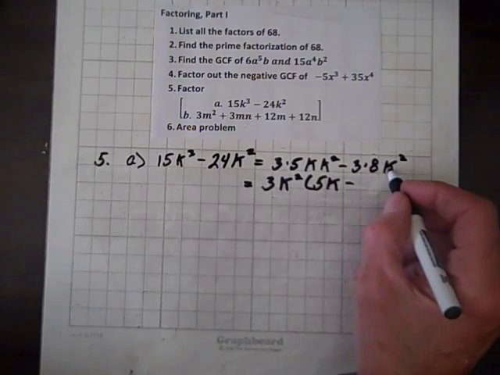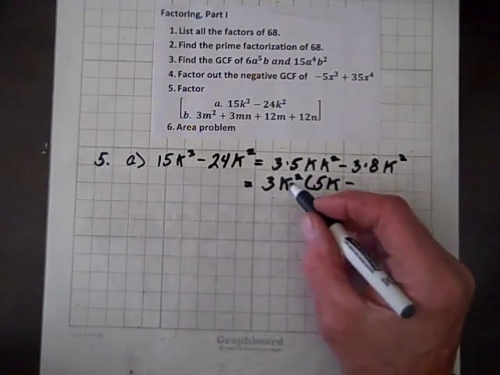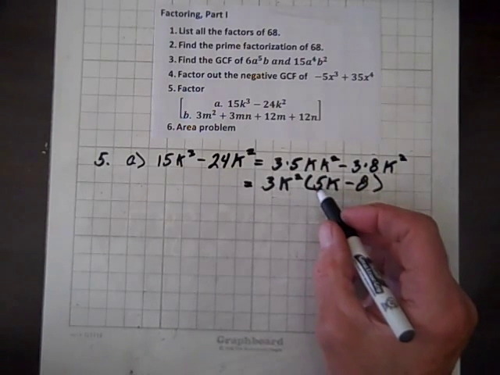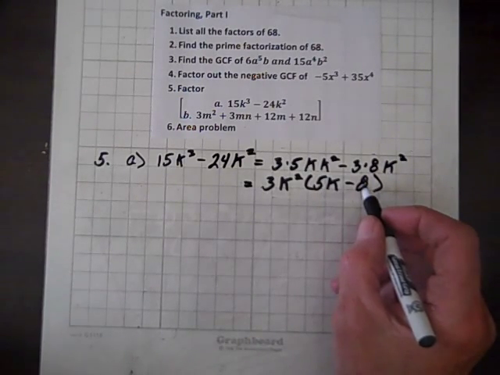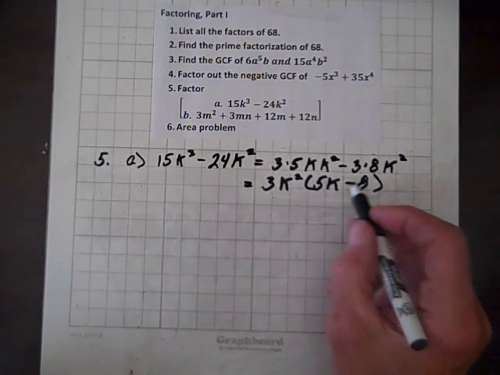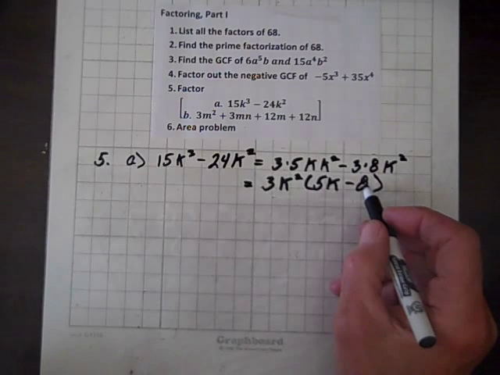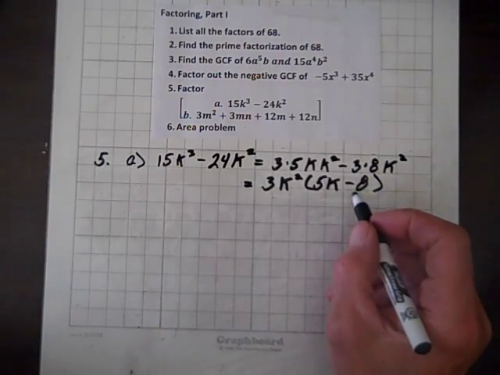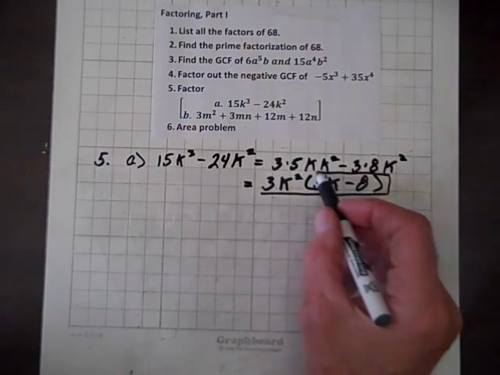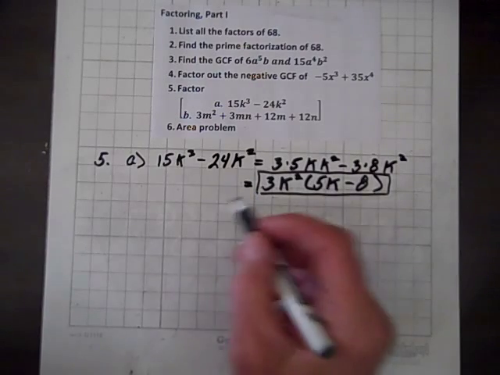And what remains in this term after removing the 3 and the k squared is 8. And notice, we don't have to factor 8 any farther. We could write that as 2 cubed, but 5 and 8 are relatively prime. They have no common factors, so this is very acceptable. And we're done. We've factored what we were given.